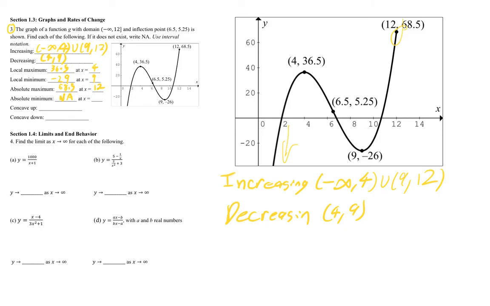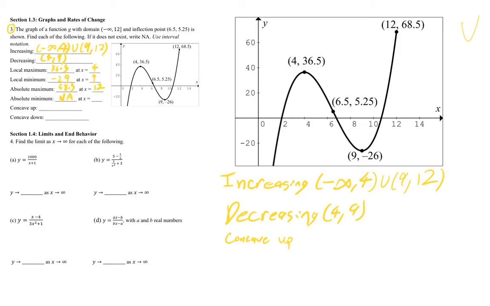So next thing we want to do is find our concave up, concave down. So concave up, we kind of want to know when our graph will hold something, right? When it's shaped upwards, like that, right?